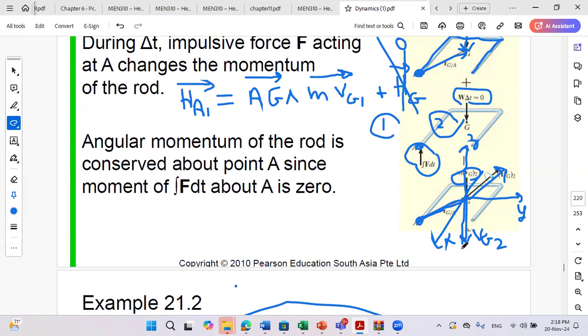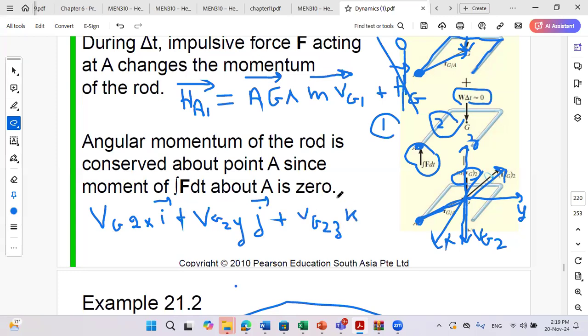Let us do it. And if you didn't pay attention that Vg2 is only along K, you'll say, let me relate Vg to point A. So I have Vg2x in I plus Vg2y in J plus Vg2z in K equals VA, but VA is 0, okay, because A is fixed.